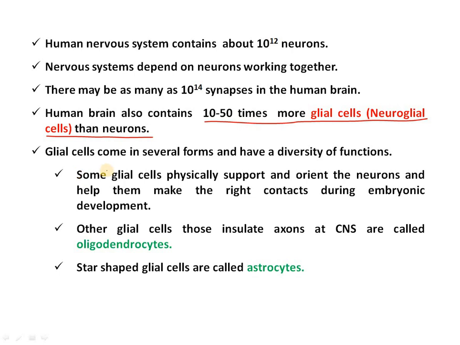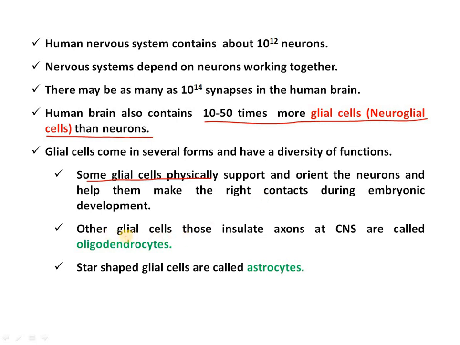Some glial cells physically support and orient the neurons and help them make the right contact during embryonic development, so that they can connect with each other by the formation of synapses.